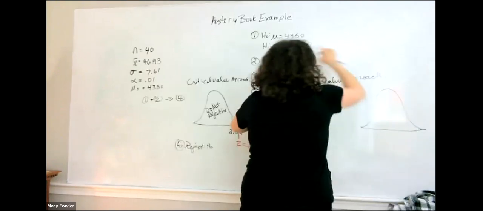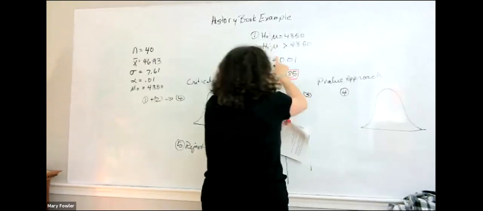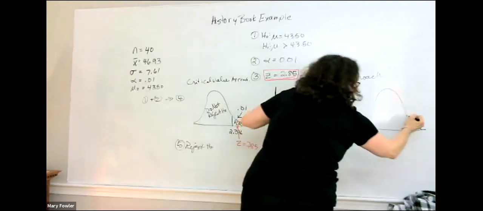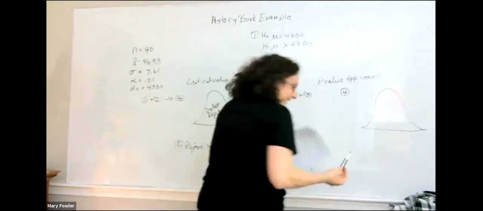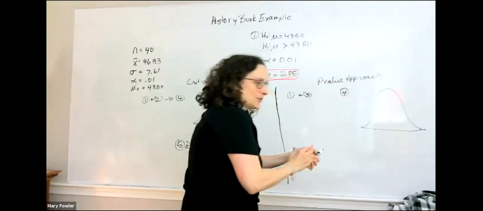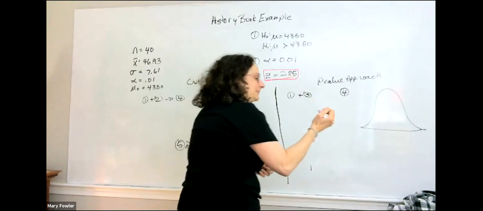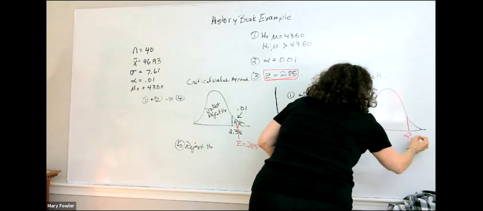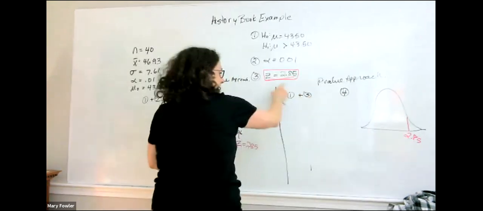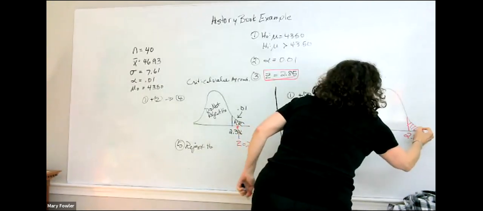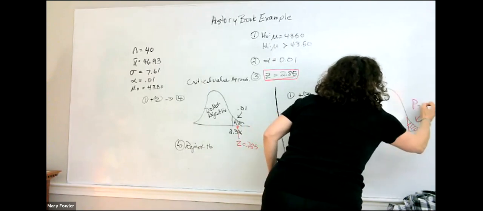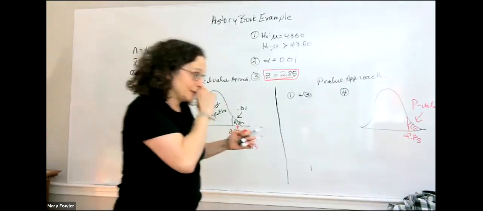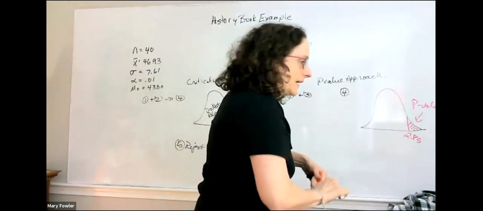It says it's going to be a right tail. And step 3 tells me where the value of that test statistic is, so I know where to draw. So here's my test statistic. And my p-value is the area to the right of the test statistic. So let's go ahead and find that p-value.